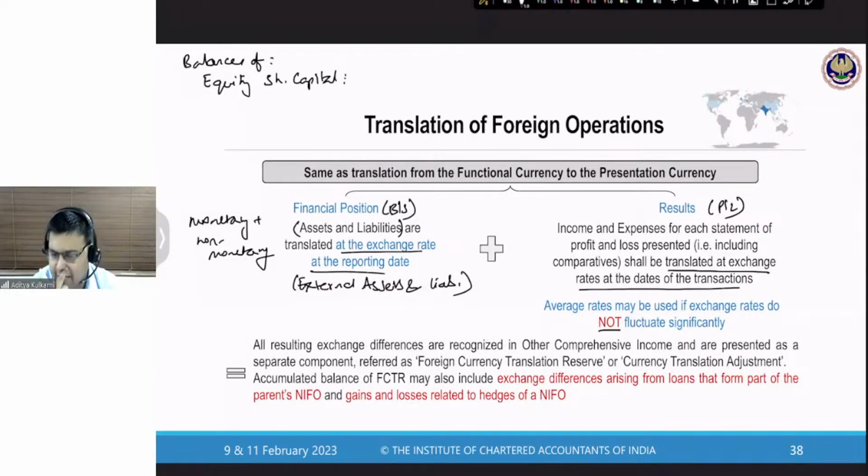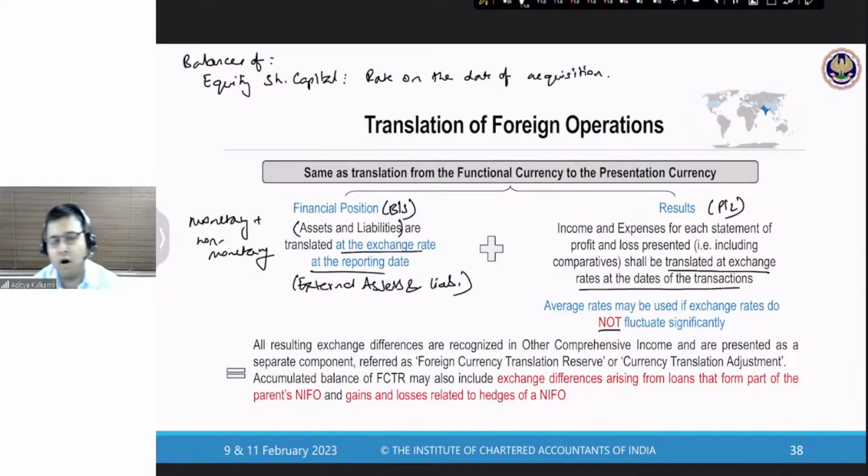Moving forward, if it is a subsidiary, it will have its own equity share capital, its own reserves and surplus. So how do I record that? So equity share capital of the subsidiary will be converted using the rate on the date of acquisition.